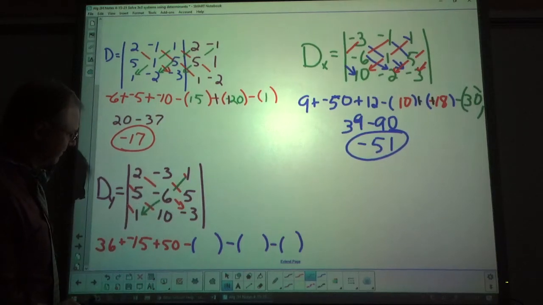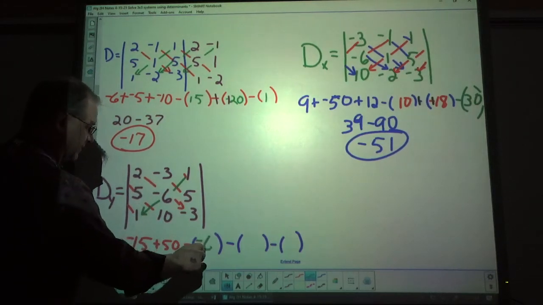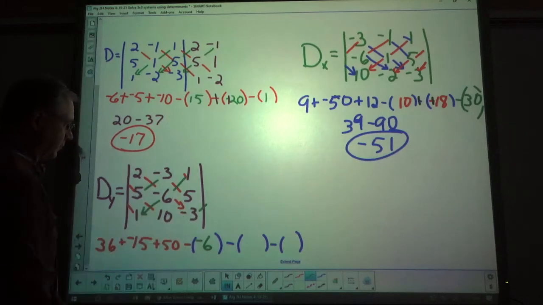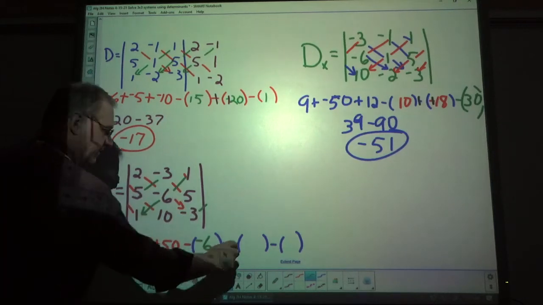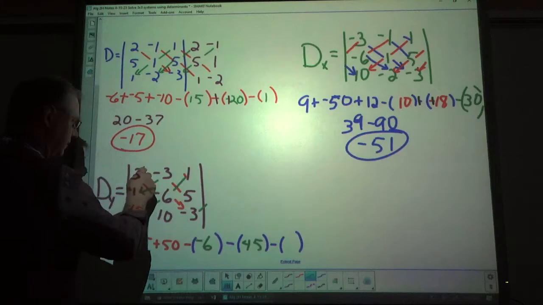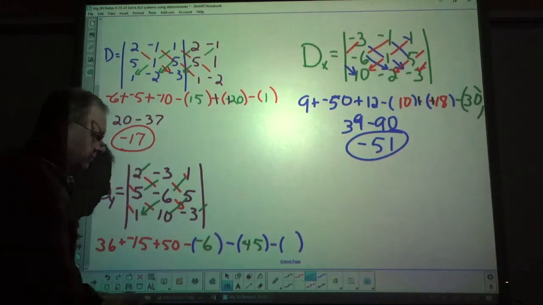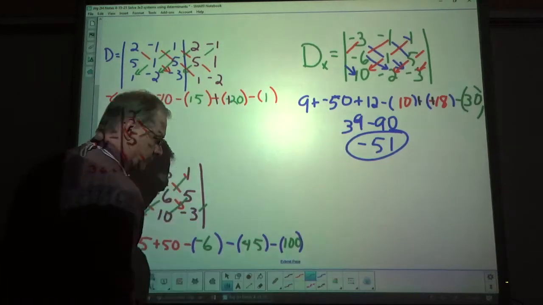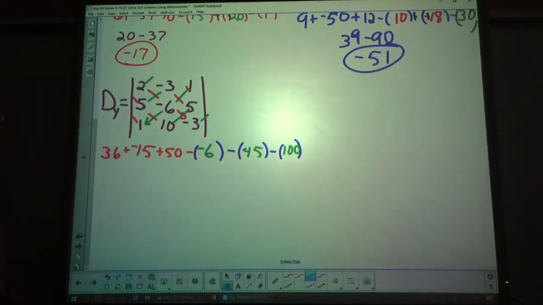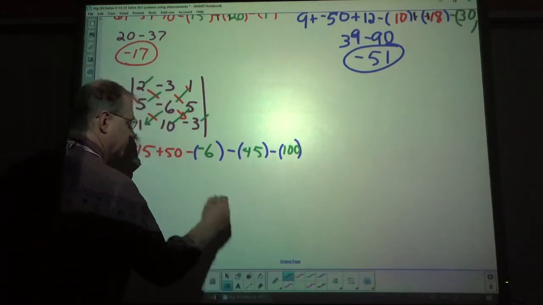Let's see, 1, 6, 1, negative 6. Positive 45. Positive 100. Okay. Only double sign is here.